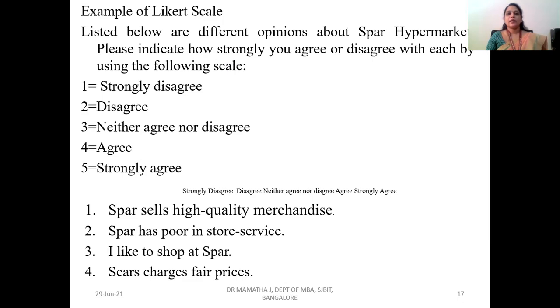Whatever the respondent feels about the Spar hypermarket, they can rate accordingly. The list of statements goes like this: Spar sells high quality merchandise. Spar has poor in-store service. I like to shop at Spar.